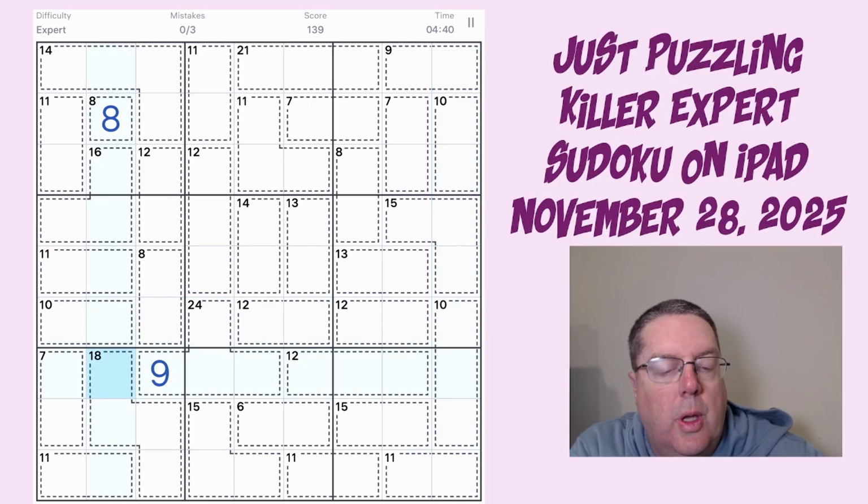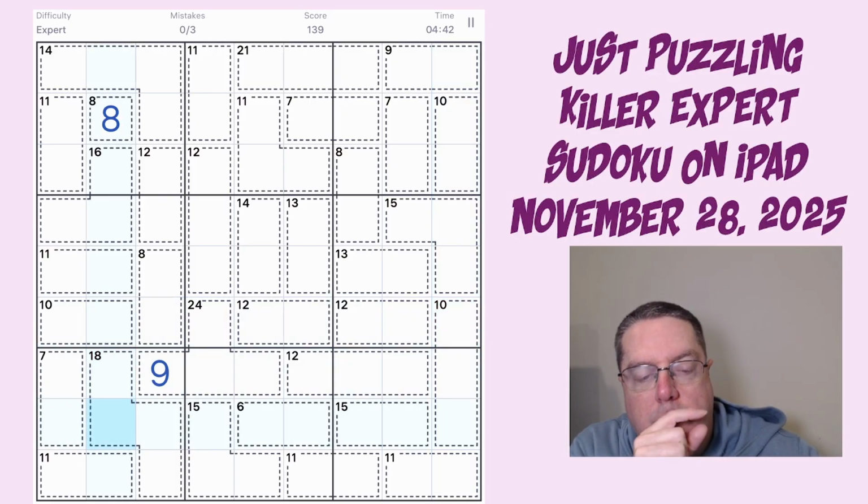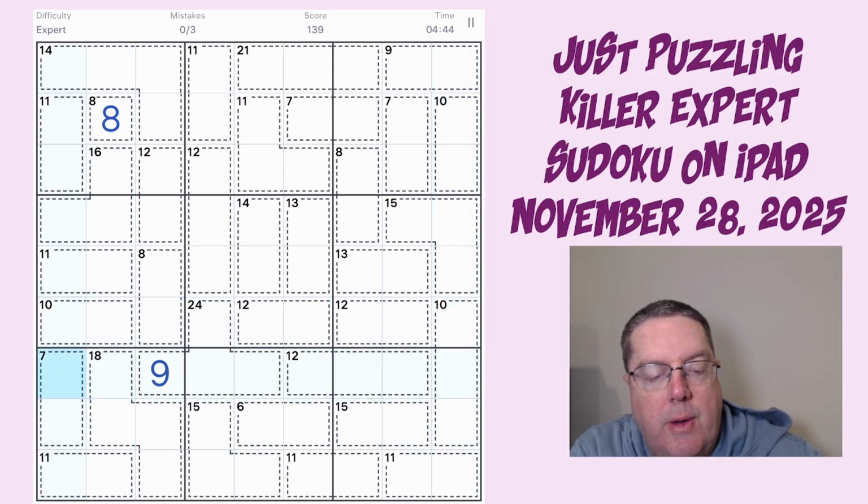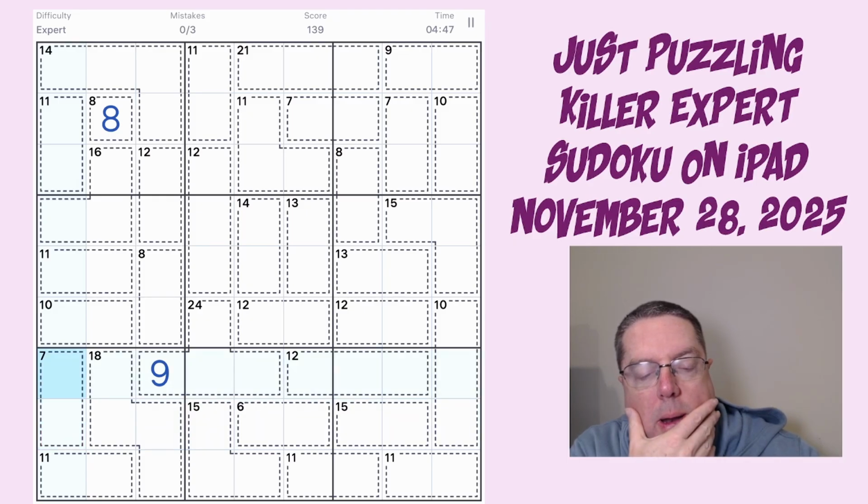So 2 is going to be one of these two, which means that they're going to either be 3 and 4, 6 and 1.